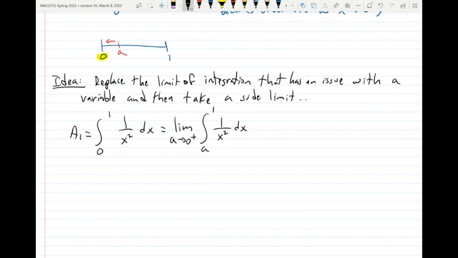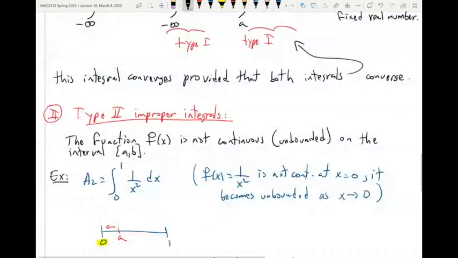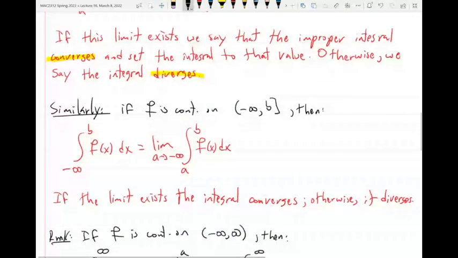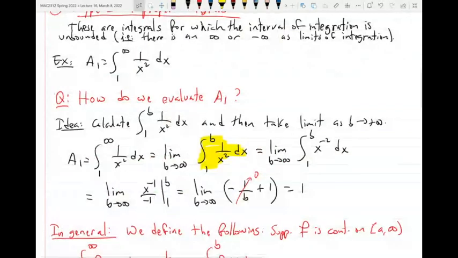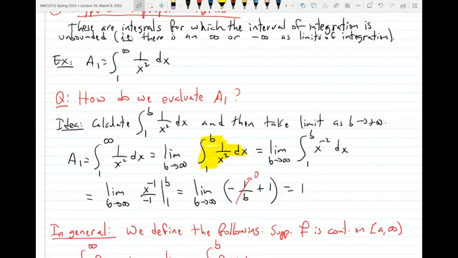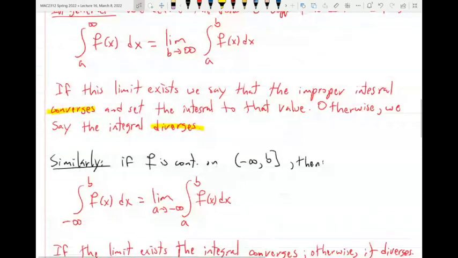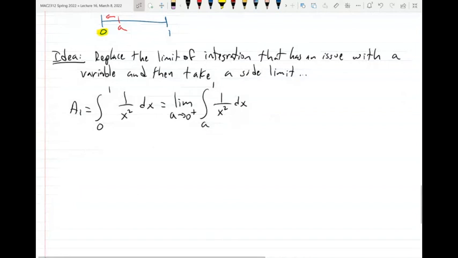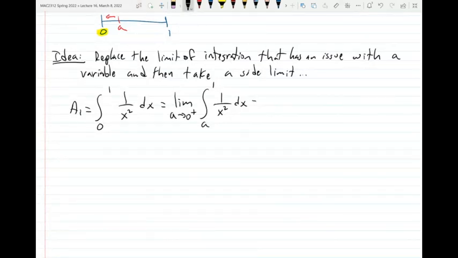Okay, so let's compute. We already did the antiderivative for 1 over x squared in our previous calculation, and it was -1 over x. We're just going to use that, because now we can use the fundamental theorem of calculus. That's the motivation, that's why we're doing this.